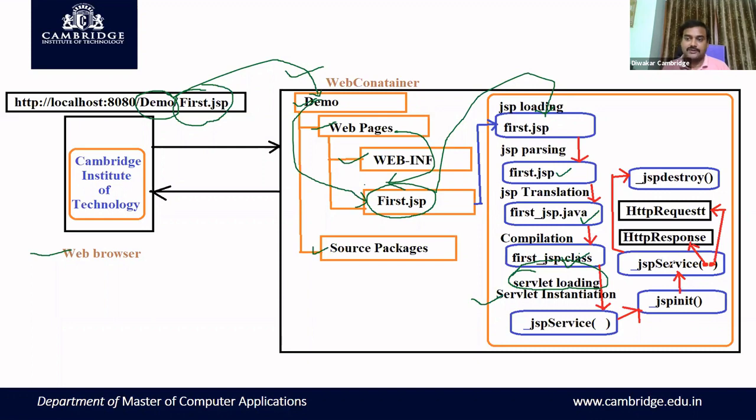So here one thread will be created. Servlet is a multi-threaded program, you know that. So for each user request, one thread will be created. That is, the JSP service thread will be created. Then two objects will be created here. One is the request object, another is the response object.